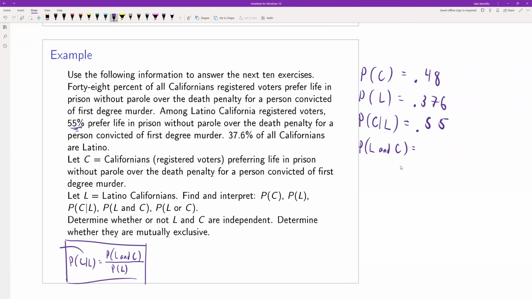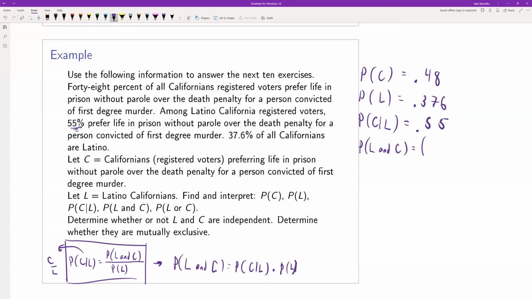Remember, we'll think of this C given L as like a C over L type thing. And so, what we'll need to do here is use this formula, and if we multiply the P of L to the other side, it gives us that the probability of L and C is equal to P of C given L multiplied by the probability of L. This we can do.